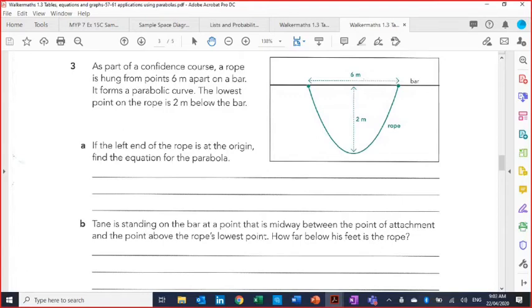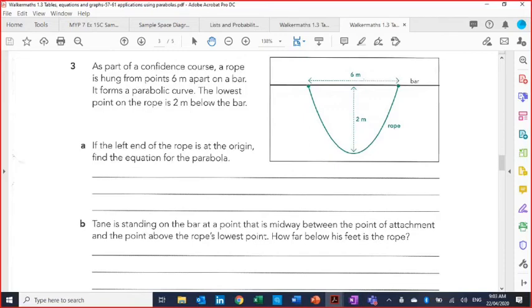So that's the origin, so x equals 0. Well, and this is 6 meters long, so that's 6. 2 meters gives you the y, so you can find your a very easily. Your vertex is at 3, 2, right? It already gives you the vertex. Okay, so then you can answer the questions.